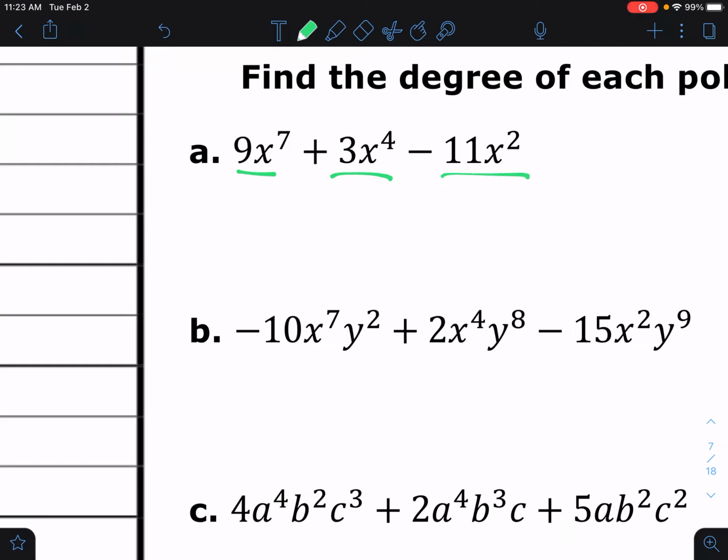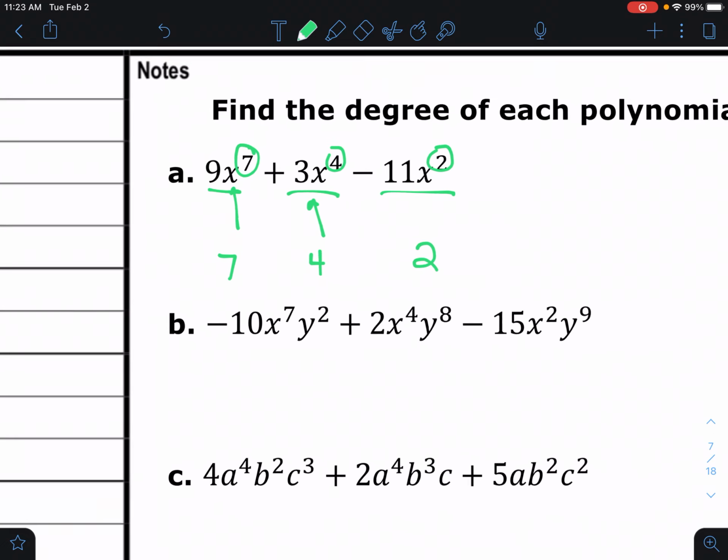So the degree of this, we're going to find our variable, that would be x, and the exponent on that. Are there any other variables in that term? No. So the degree of that first term is just 7. The degree of this one, second term, there's only one variable, and it has an exponent of 4. So that's 4. Okay, and the last one, only one variable with an exponent of 2. So that is the degree of that.